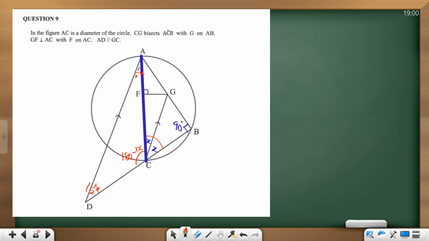Do you know it's possible? No, we're not complicating. You need to give the correct reason. So you cannot say that. Because of co-exterior. What do you mean by co-exterior? Yeah?